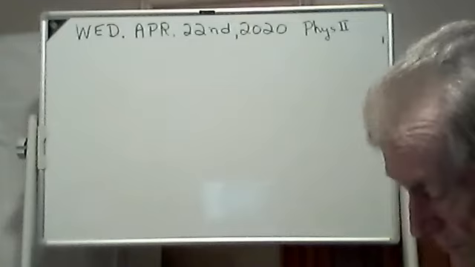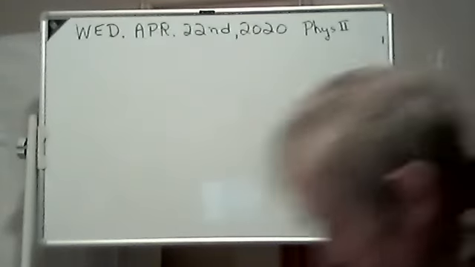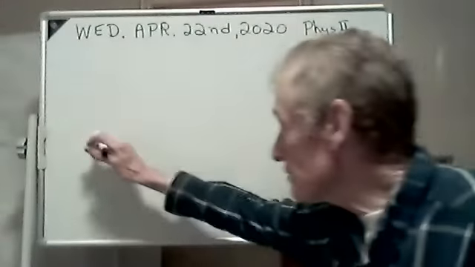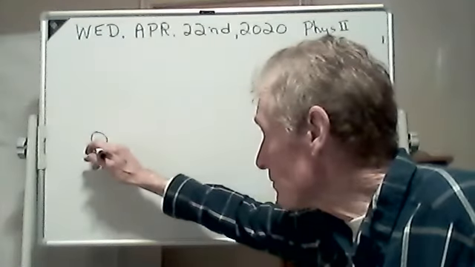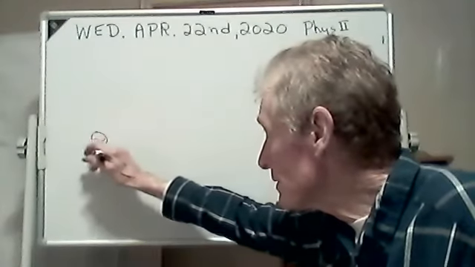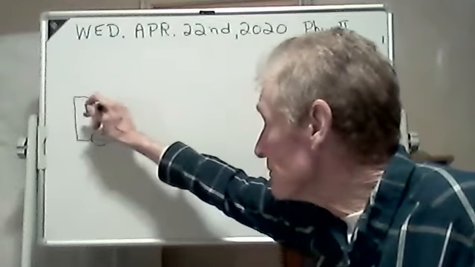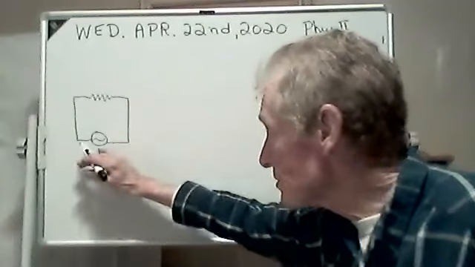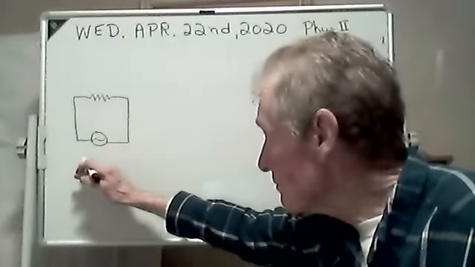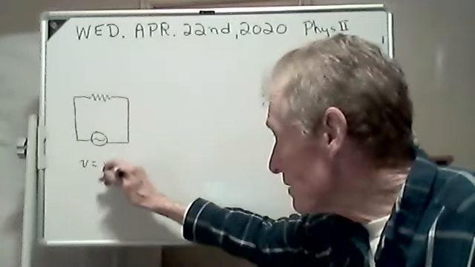Okay, AC. What we got here is we'll start with just a resistor. And this is their symbol for an AC voltage, and the voltage they picked was some maximum value.